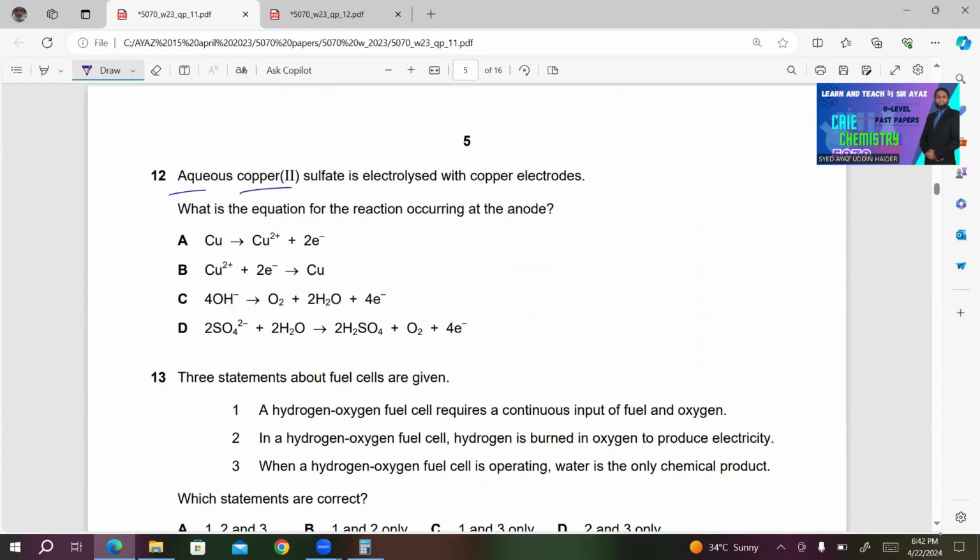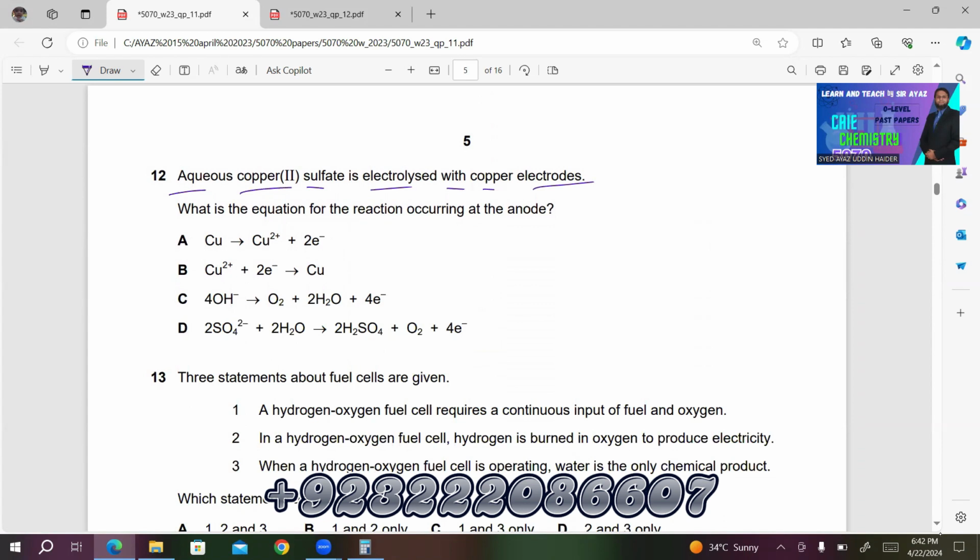Number 12. Aqueous copper(II) sulfate is electrolyzed with copper electrodes. What is the equation for the reaction occurring at the anode?